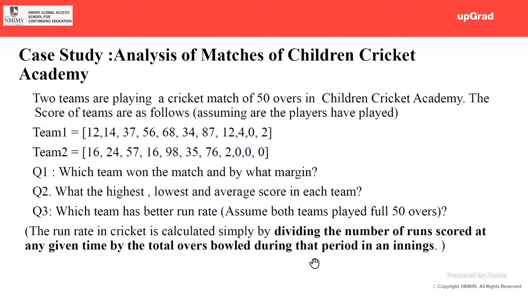There are 2 teams who have played a cricket match. Everybody has played or watched cricket sometime in their life. A cricket match is of 50 overs. All 11 players of both teams have played and scored certain runs. So we have one list of scores for team 1 and a second list of scores for the second team.